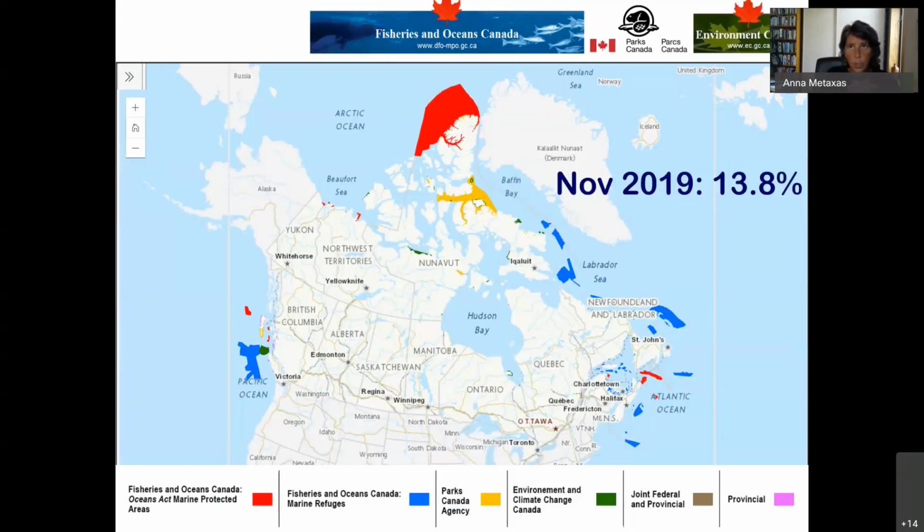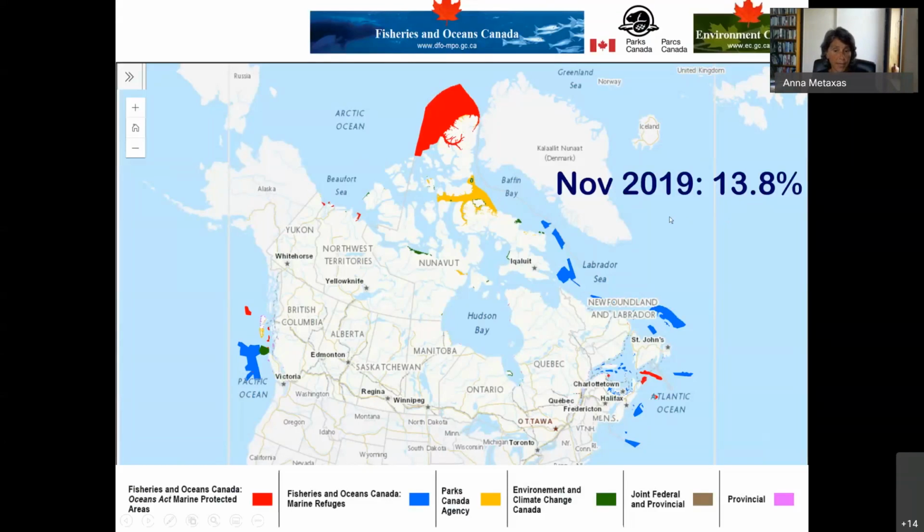they're a little bit, it's what the IUCN calls other effective area conservation measures, which are a little bit tricky. Parks Canada has the marine conservation areas, environment and climate change, where it's about birds. There's provincial parks, etc. So what you see here is everything that we have from all those agencies amounted to 13.8% in November 2019.